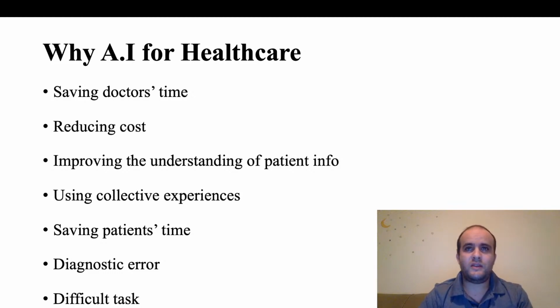So even if the doctor is smarter and more intelligent than a machine, the time he needs to connect the patterns between all these documents and come up with a conclusion is very, very high.